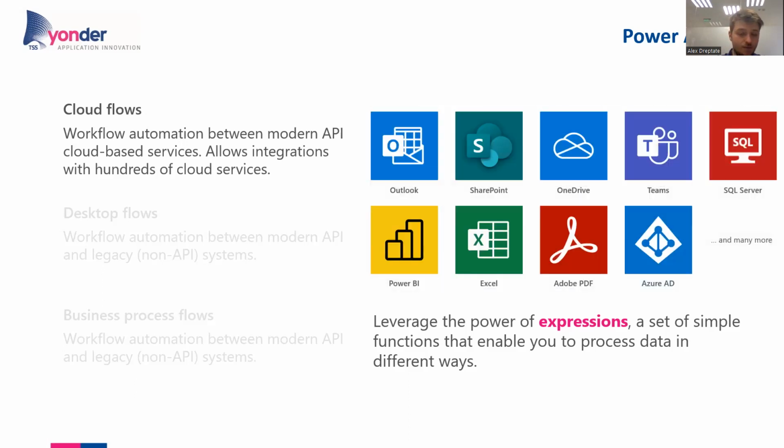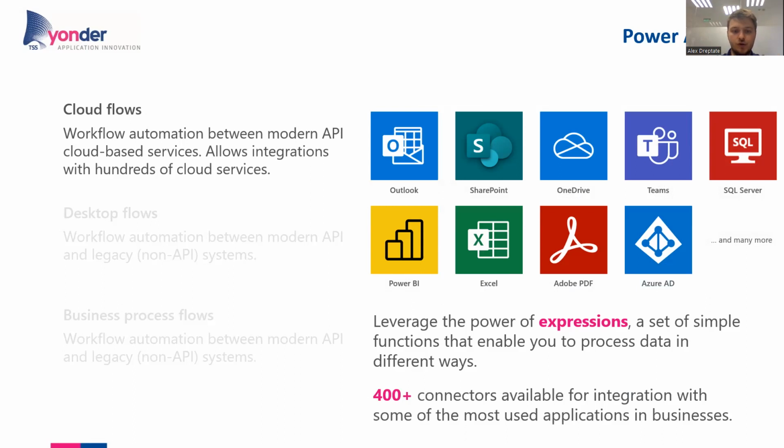And as I said, many of the most common business applications have available cloud services, and we can connect to them using some connectors present in Power Automate. Here you have a brief list with some of the connectors available, and you should know that there are over 400 connectors available for integration with such applications.